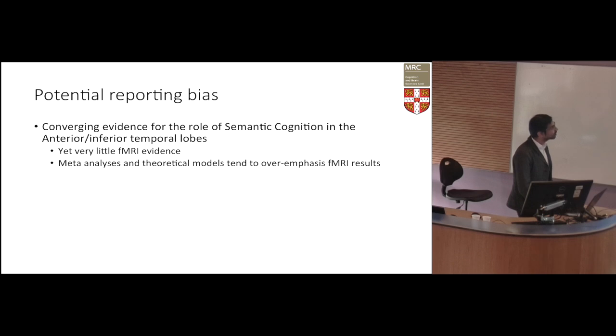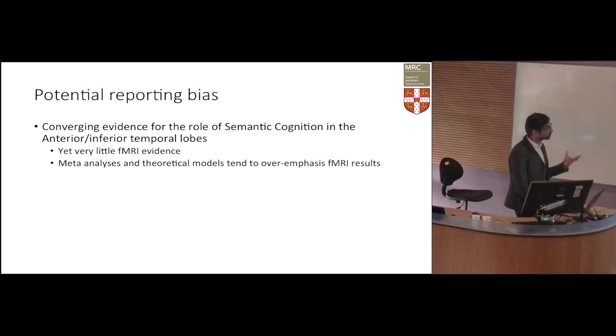But there is a problem: there really is very little fMRI evidence, at least before we started having a good look at the literature, supporting the idea of this lateral inferior temporal lobe being related to semantic cognition.